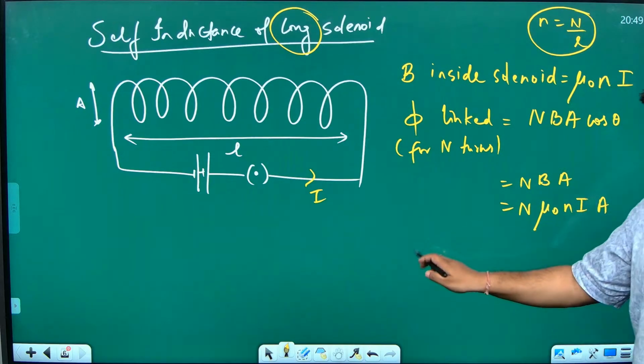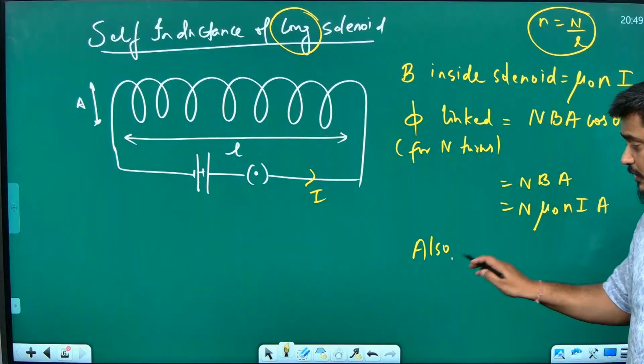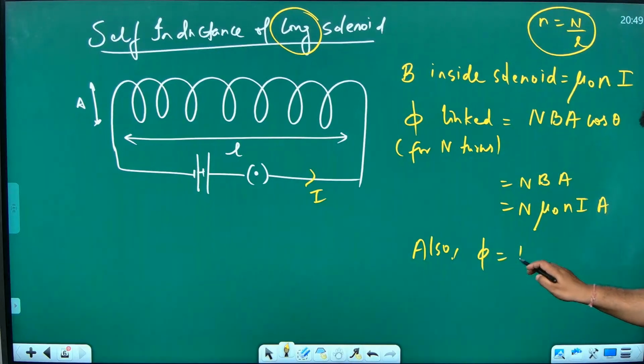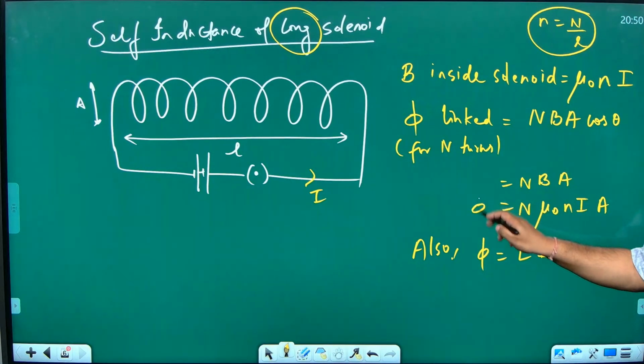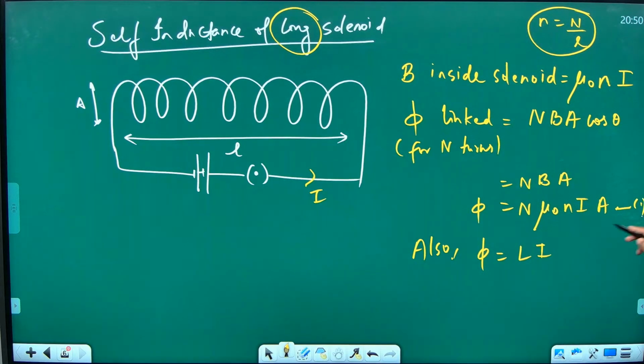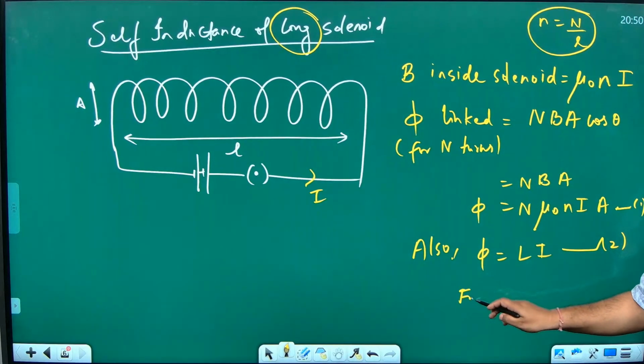Also, before some time we have learnt phi is equal to L i for self-induction concept. So phi is also equal to N into mu naught n i A, and phi is also equal to L i. What we will get from 1 and 2?